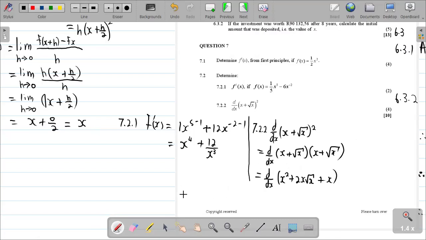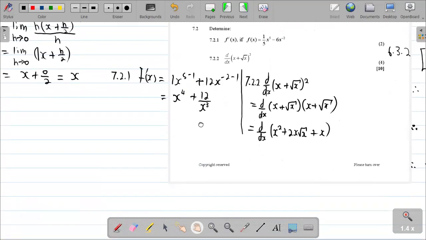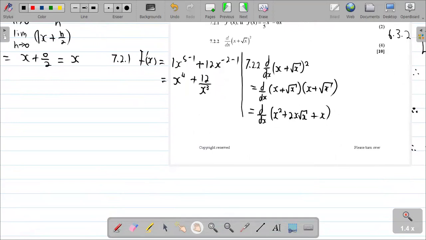So then this is equal to d over dx of x squared plus 2. Then we say 1 plus half is going to be 3 over 2 plus x.